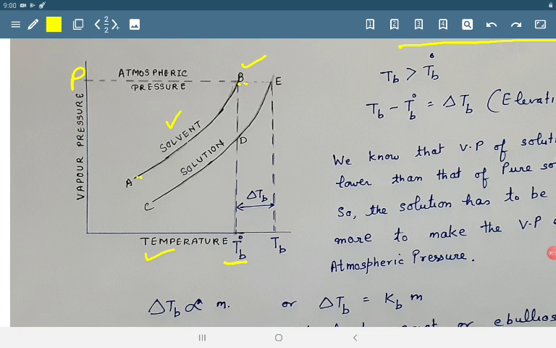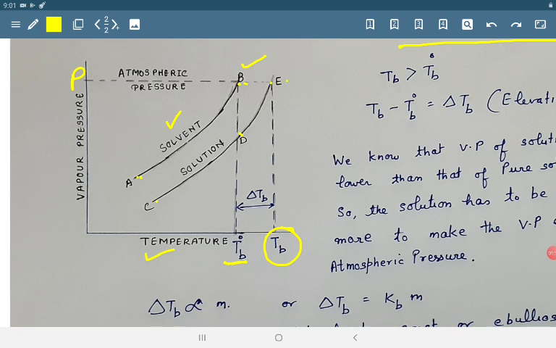Now let's consider the vapor pressure curve of solution CDE. Here also, as we move from C to D to E, the vapor pressure goes on increasing, and at this point E, the vapor pressure becomes equal to atmospheric pressure and the corresponding temperature is TB.